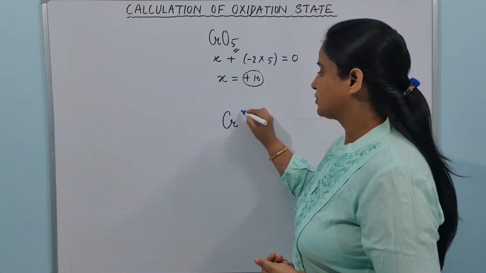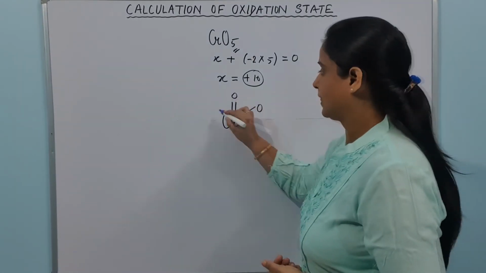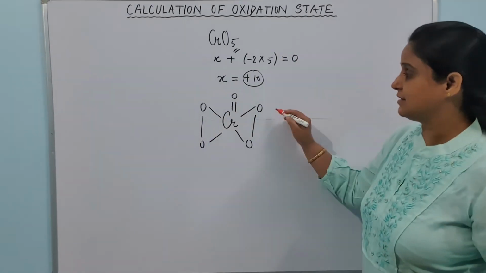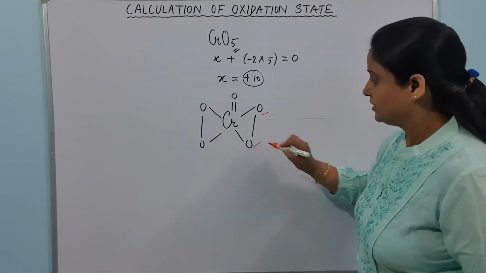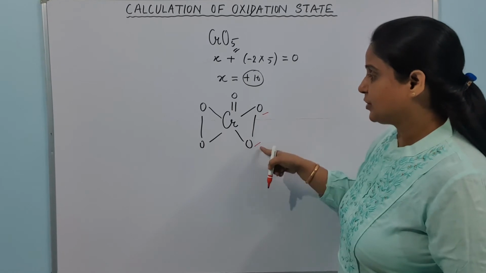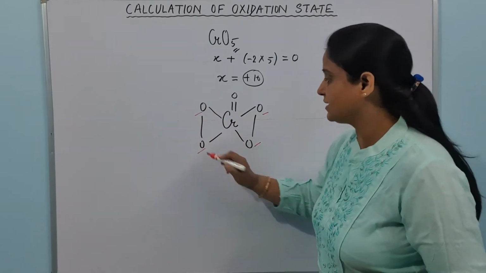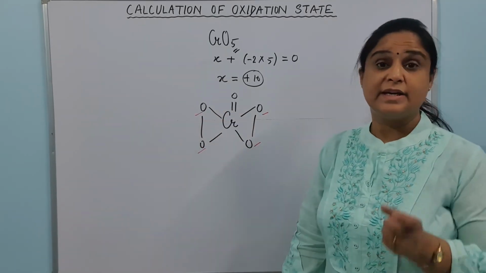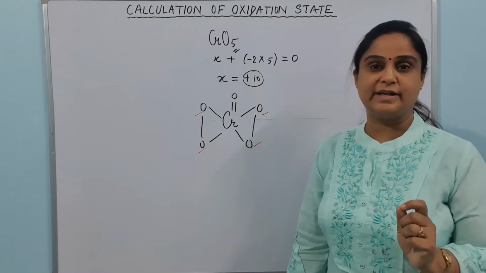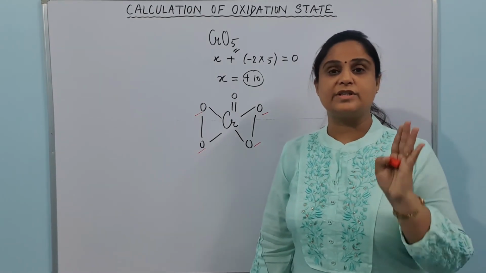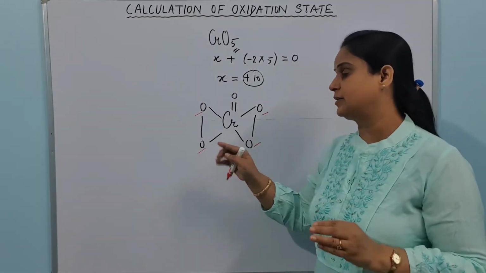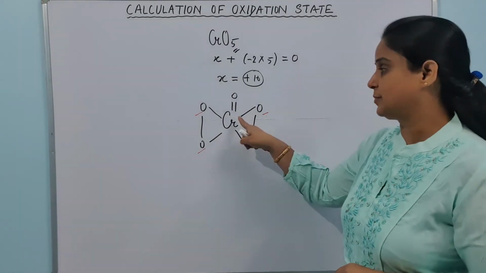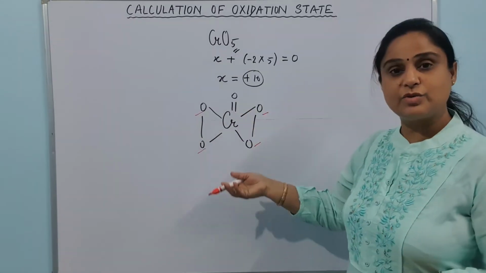The structure of this chromium oxide is, you can see here, this is connected with the peroxide linkage, this and this connected with the peroxide linkage, and just because they are connected with the peroxide linkage, 4 atoms of oxygen in this compound are at -1 oxidation state, whereas this oxygen is at -2 oxidation state.